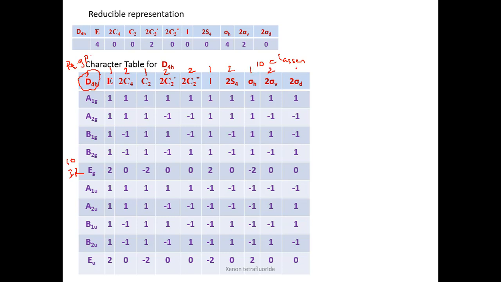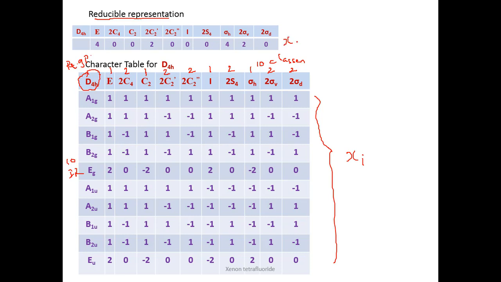These are the g values, and these numbers which are present in the character table are the characters of the irreducible representation, namely chi. Above that we find the reducible representation given here, the reducible representation we have arrived at: 4 0 0 2 0 0 0 4 2 0.